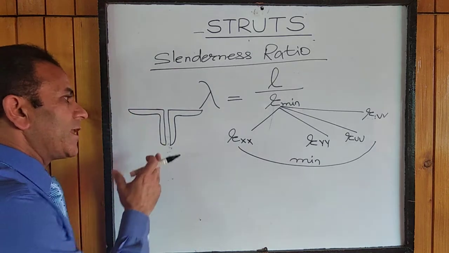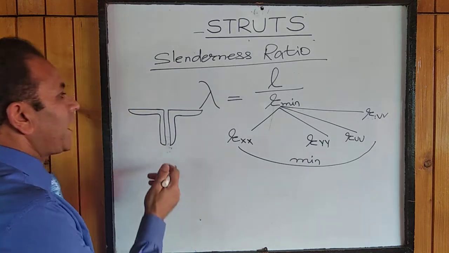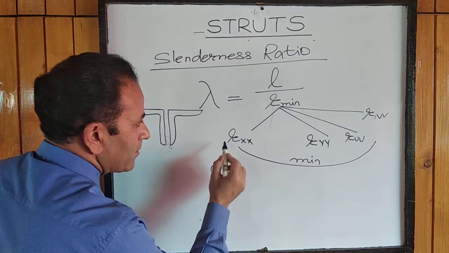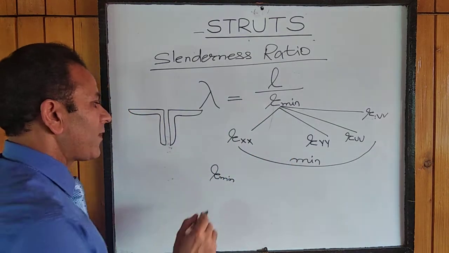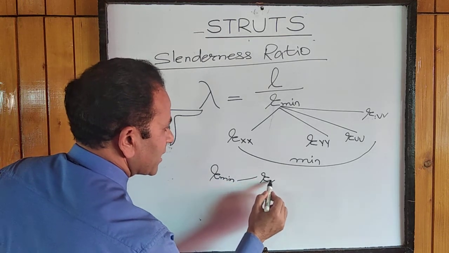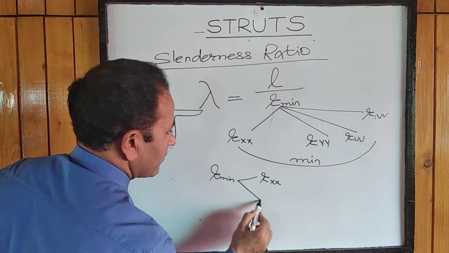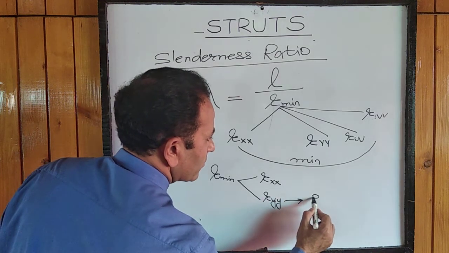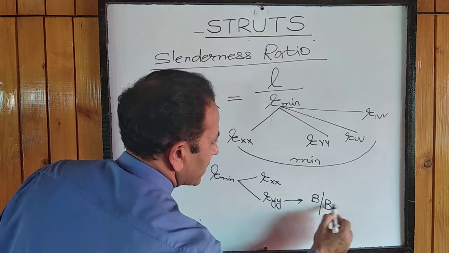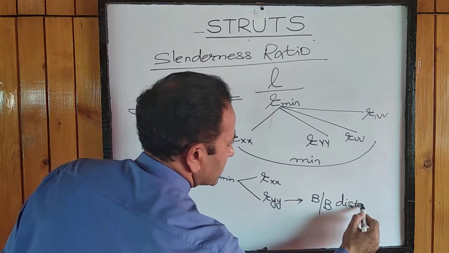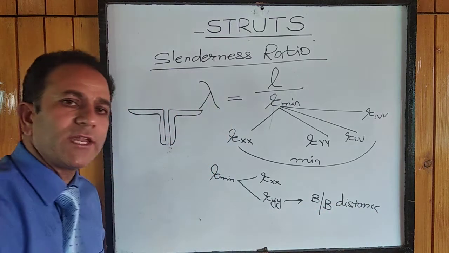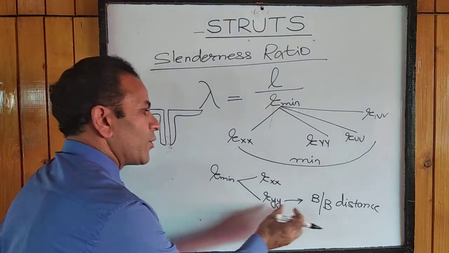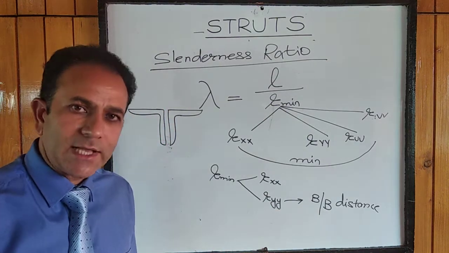So we will find out the area directly from the steel table, and for R minimum, that is the minimum of all the values, we will find RXX for this case directly from the steel table. For RYY, we will have to see the value corresponding to the back-to-back distance. In the steel table, various RYY values for a double angle section are given, but that is corresponding to the back-to-back distance between the angle sections.